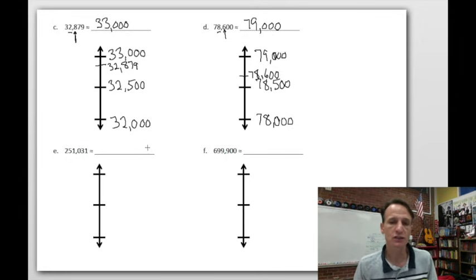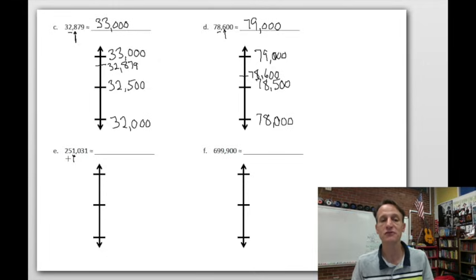Now here, in these two, with E and F, we're going out to the hundred thousands place, but that doesn't change our process here. We're still looking at the thousands place. You see we have a 1 here in the thousands place. So how many thousands do we have? We have 251 thousands. That's how many thousands. We're rounding to the thousands place.